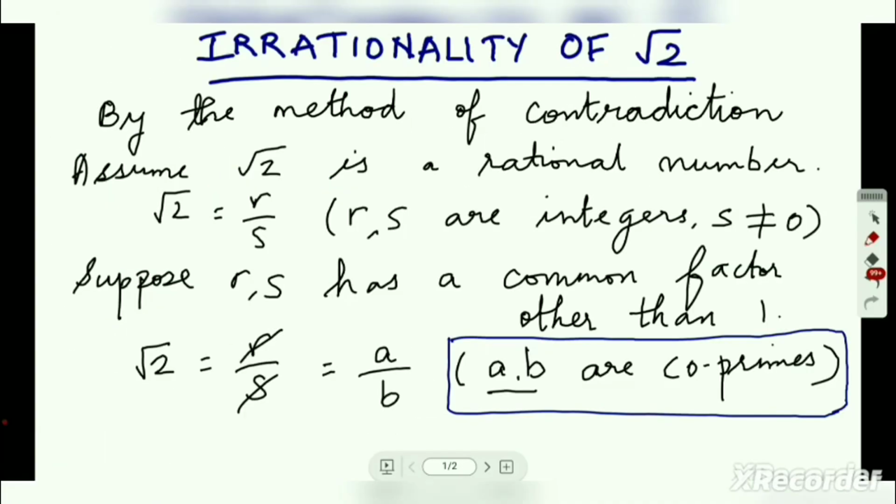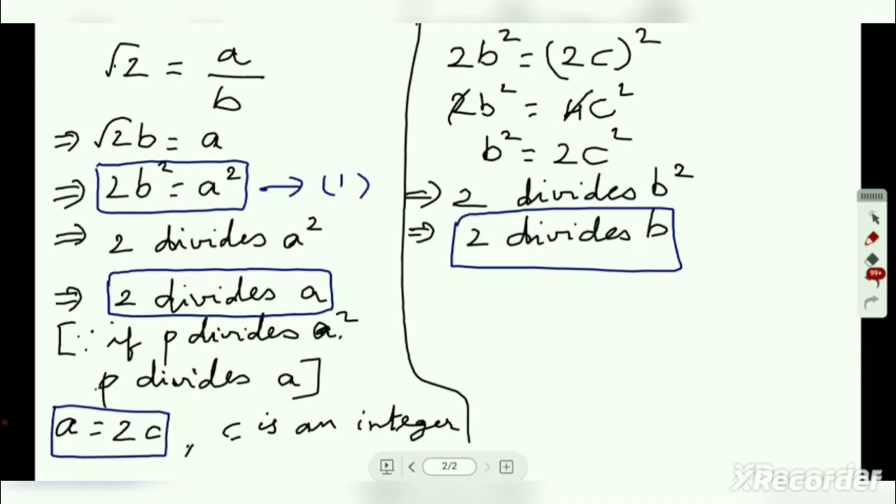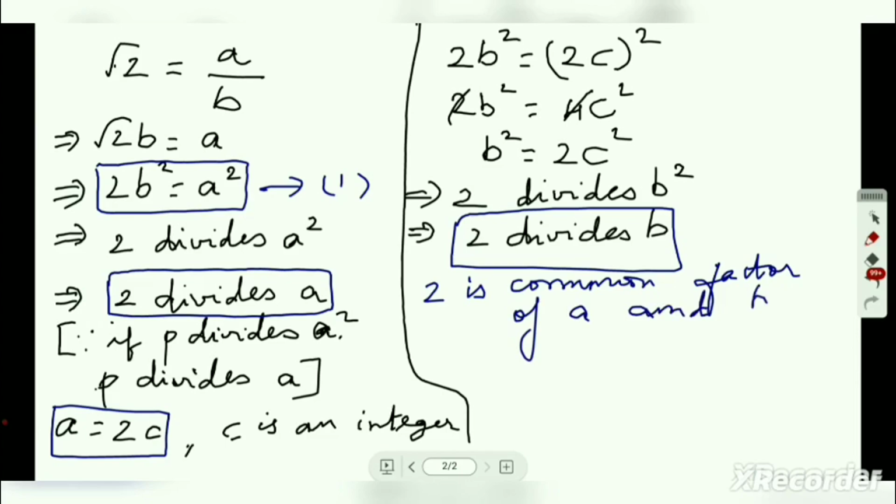A and B are co-primes. That is, there should not be any common factor other than 1. But here we got 2 as a common factor of both A and B. That means A and B are not co-primes.